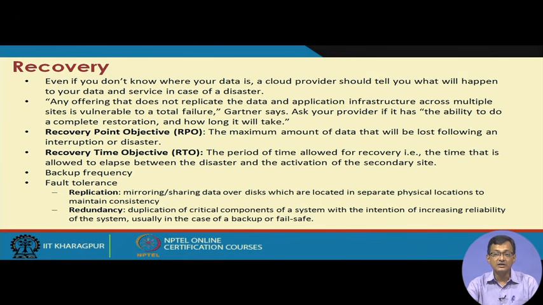Even if it is recovered, how long it takes matters, so that my business process does not get much affected. For fault tolerance, one approach is replication, or redundancy or duplication of critical components of the systems.